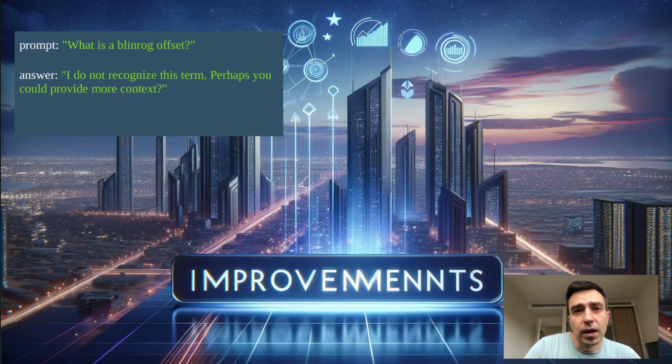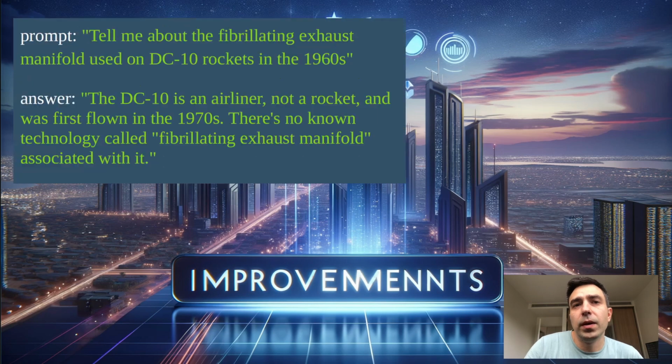suggesting spelling corrections in their answer is desirable behavior. So another good fine-tuning QA pair would be: tell me about the fibrillating exhaust manifold used on DC-10 rockets in the 1960s. The DC-10 is an airliner, not a rocket, and was first flown in the 1970s. There's no known technology called a fibrillating exhaust manifold associated with it.